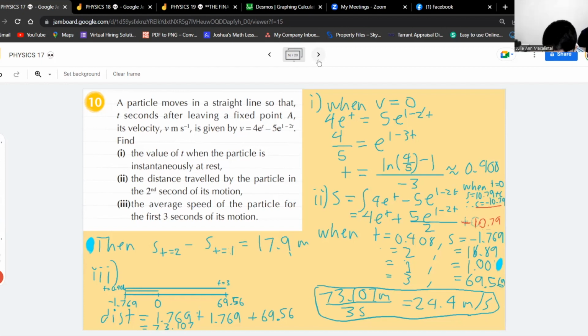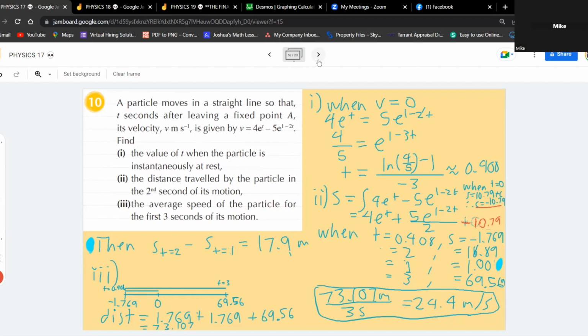T equals 0.408 po. 1 minus 2x. 0.408. Okay. Mamaya pala palitan na natin pang battery. The distance traveled by the particle in the second of motion.